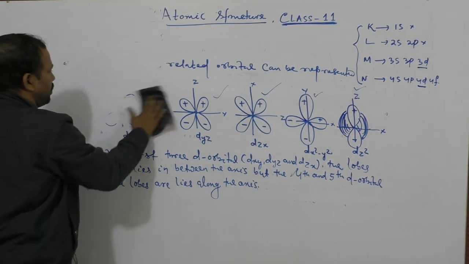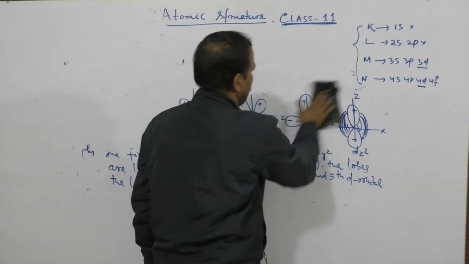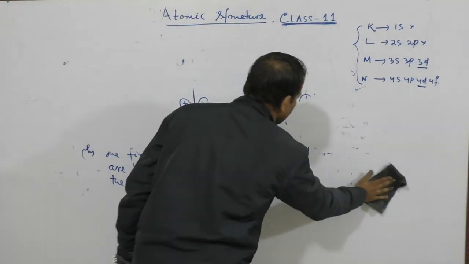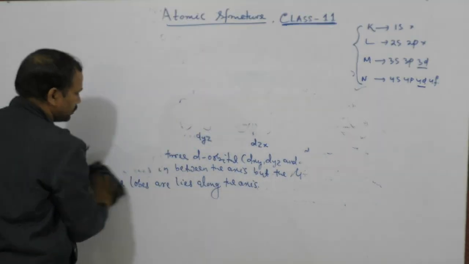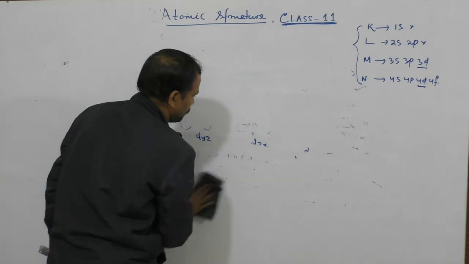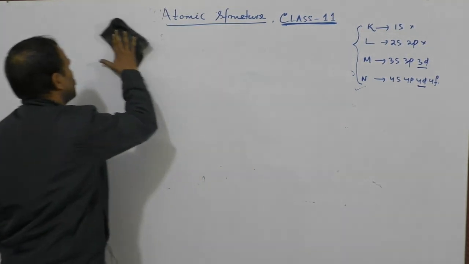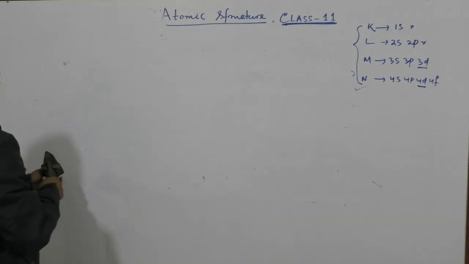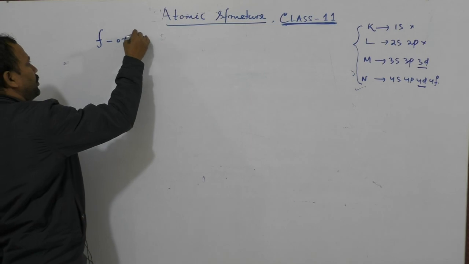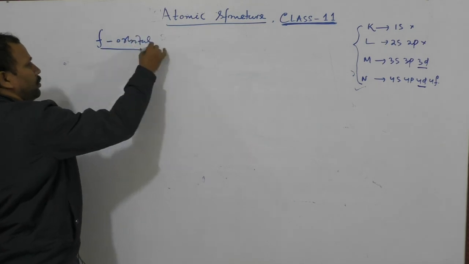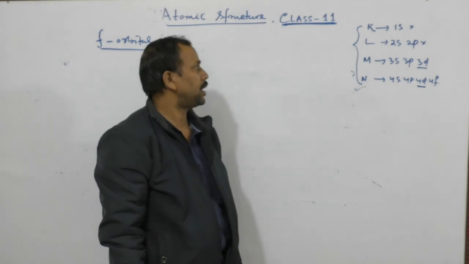Then the last one will be f orbital. Now, the first principal cell does not contain f orbital.